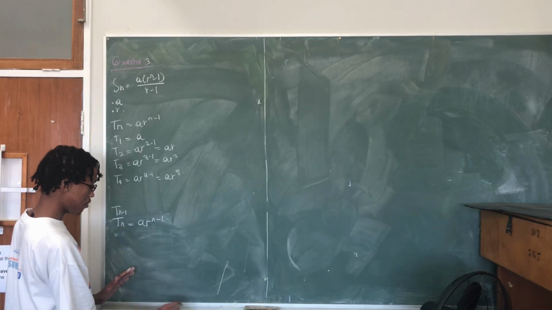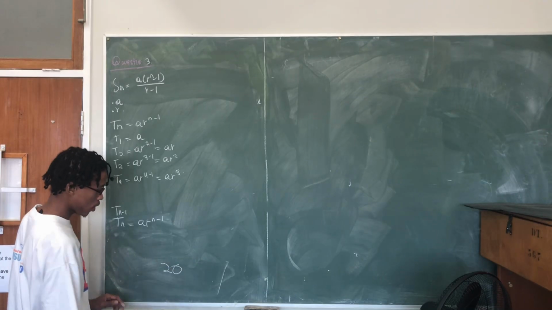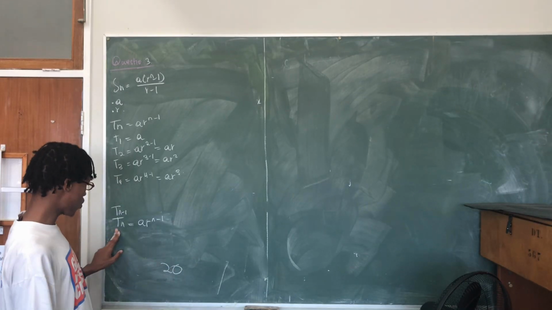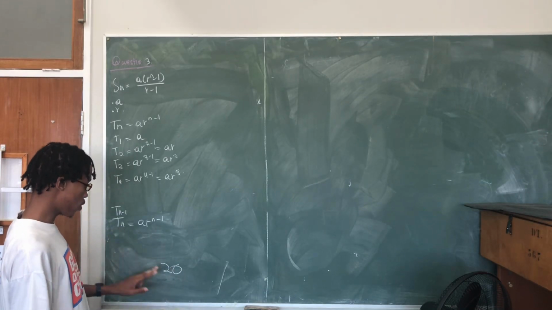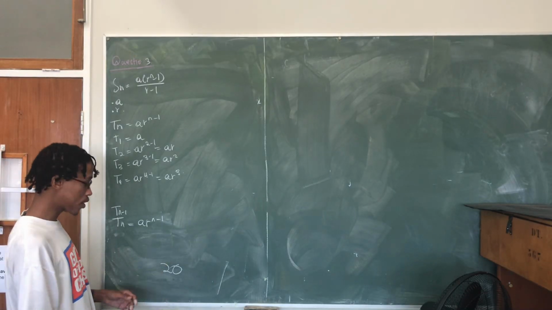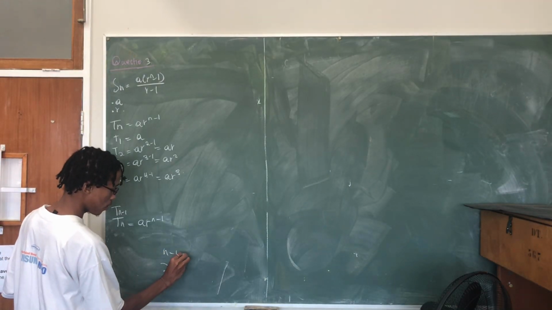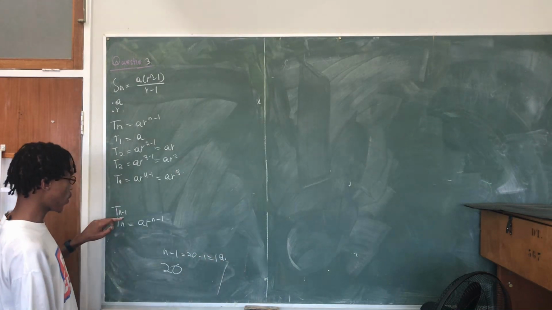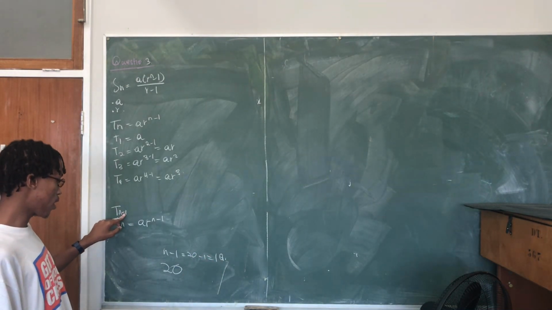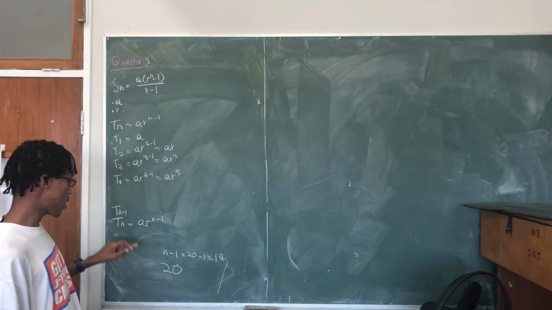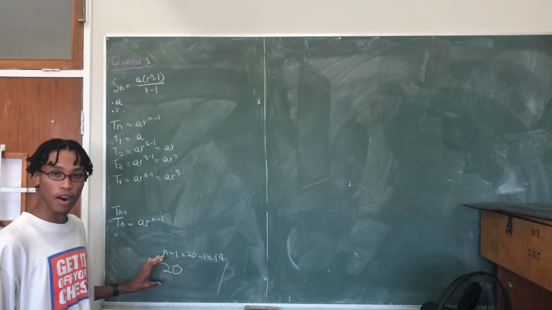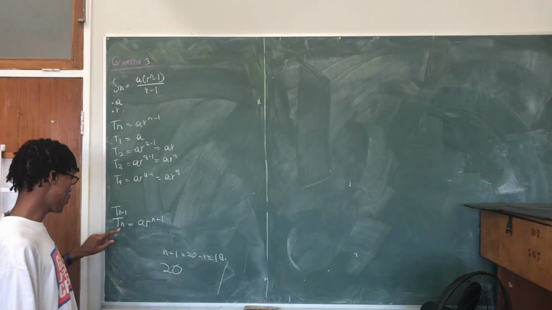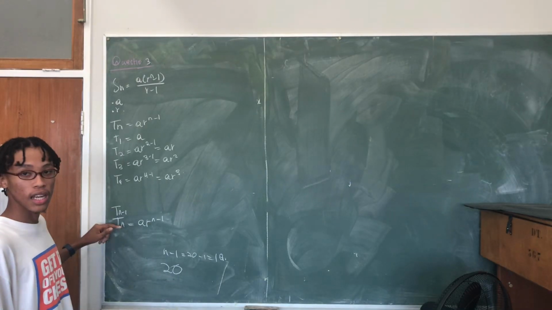If in a given sequence we have 20 terms, our final term n would be 20. The number before it would be n minus 1, being 20 minus 1, 19. This is what it means: n minus 1 means the total number of terms minus 1, because it comes before the last term.